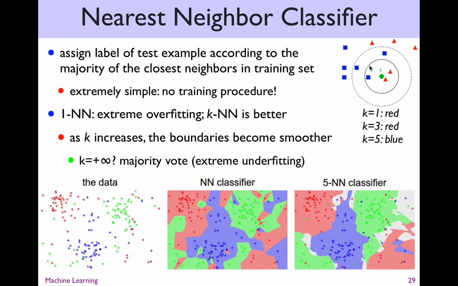For example, if k equals 3, then these 3 data points in the training data are the 3 closest data points, and by majority vote, this test example should also be labeled red. But if k increases to 5, then we have 3 blue examples and 2 red examples that are the closest to it. Then by majority vote, the test example should be labeled blue.